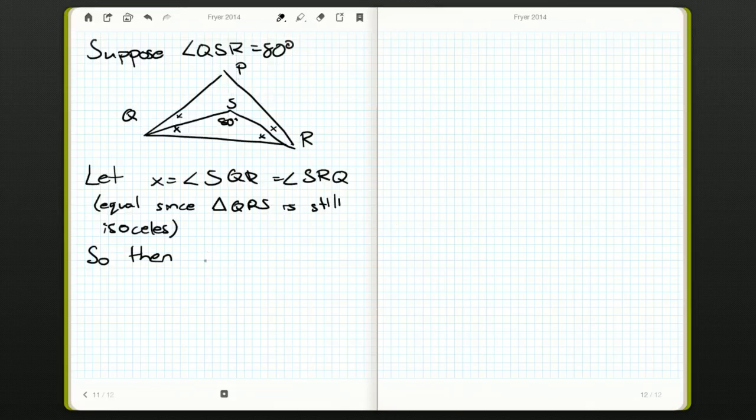Okay. So once again, x is going to be 180 degrees minus this interior angle over 2. So that's going to be 100 over 2, so that's going to be 50 degrees.